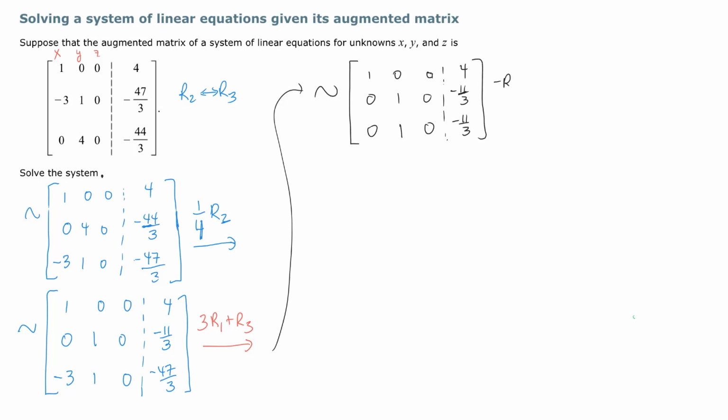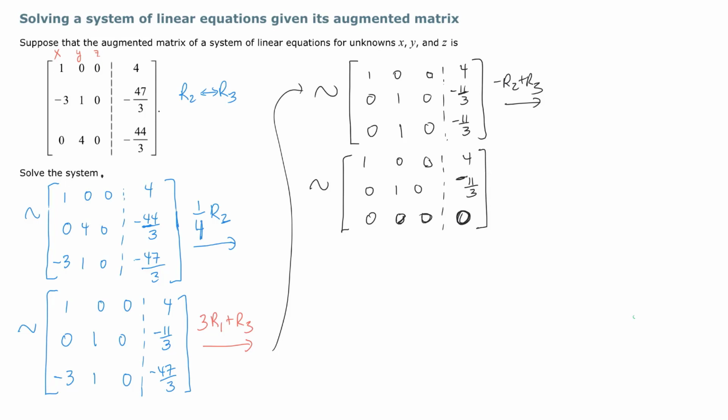Now we're going to do negative row 2 and add it to row 3. And now row 3 changes. Rows 1 and 2 do not change. And then this is now a row of zeros, which means no new information on that bottom row.